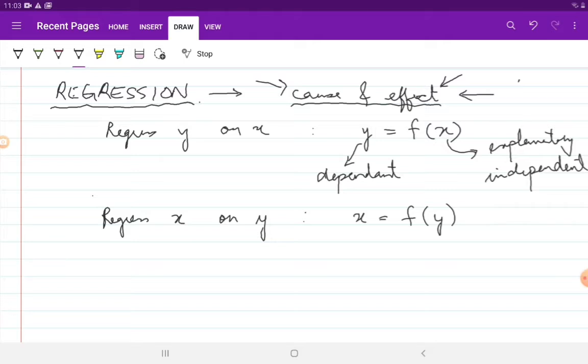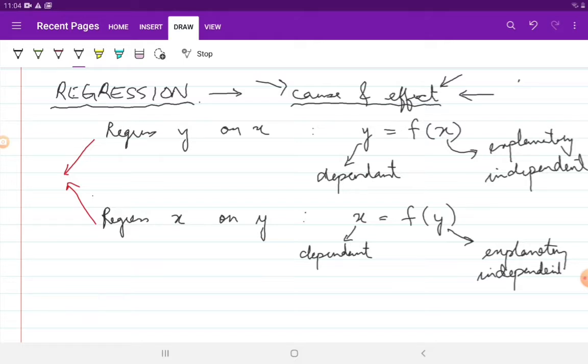Both these equations are inverses of each other. Now remember, if you're regressing x on y, the variable on the left hand side is x, that means x is your dependent variable. And you're saying that changes in x can be explained to a large extent by variations in y, which is, in this case, your explanatory or independent variable.